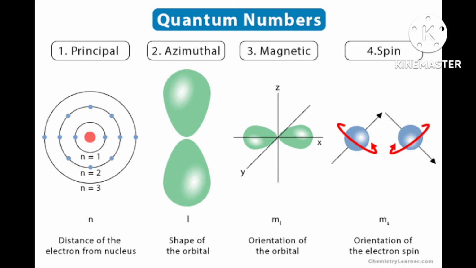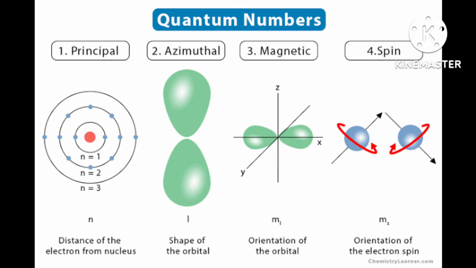subcell. If n is equal to 3, then it will have 3 values, 0, 1, 2. First one was only 0, second one 0 and 1 both, and third one 3. n is equal to 3 means 3 subcells.